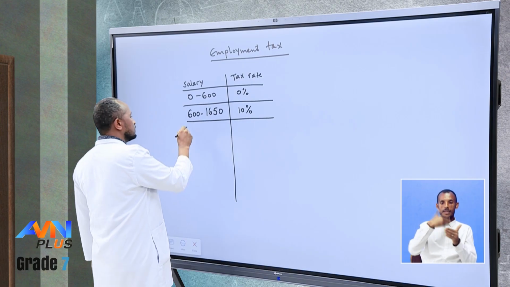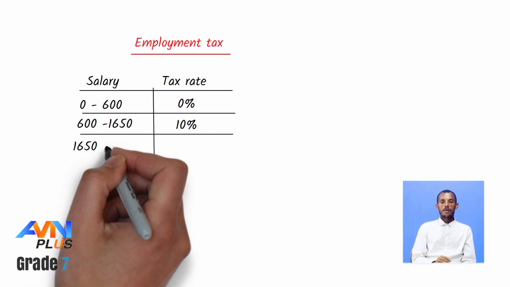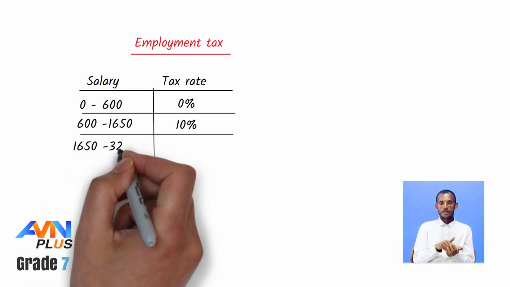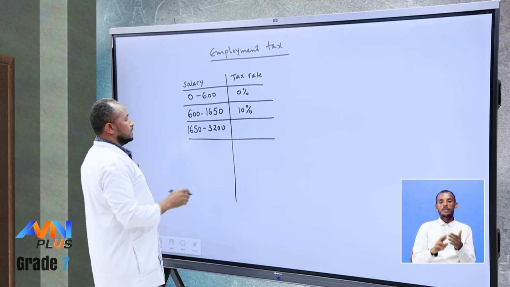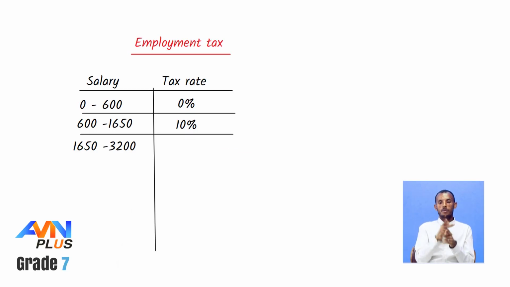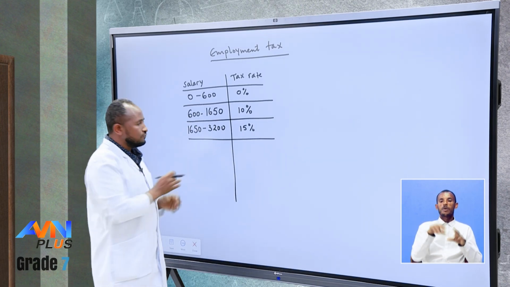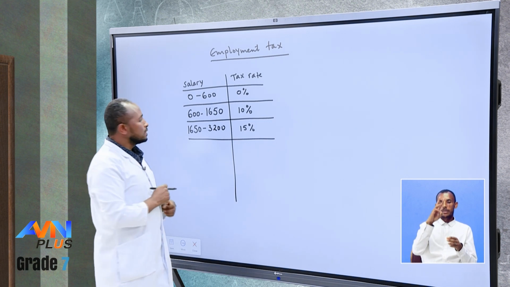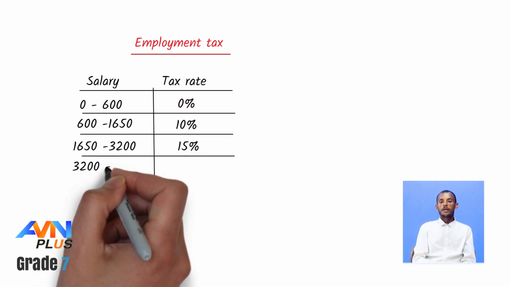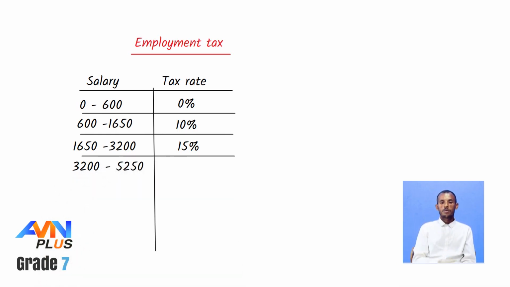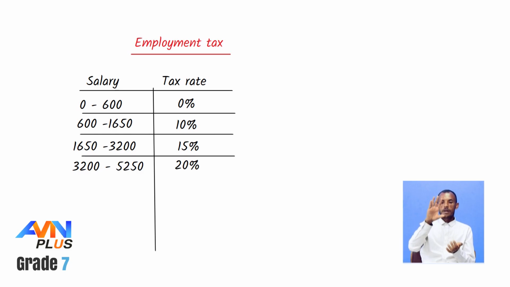The next range from 1,650 to 3,200: for this range, you are expected to pay 15% of this range income, not of the total income. Next, for income ranging from 3,200 to 5,250, you are expected to pay 20%.